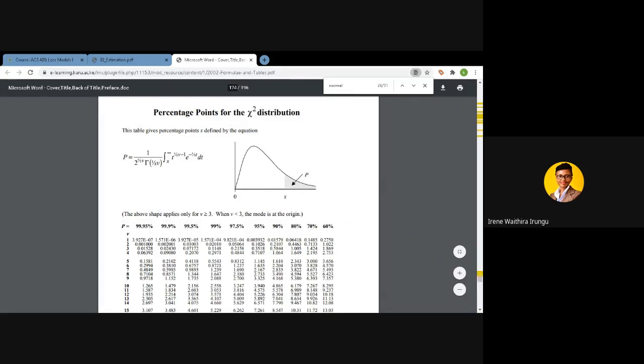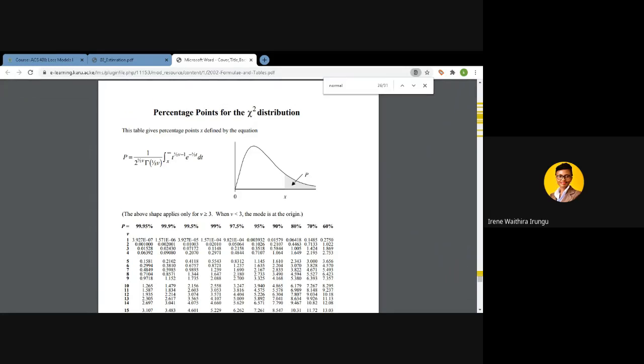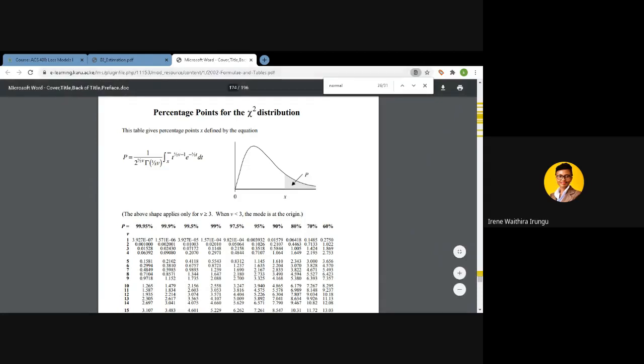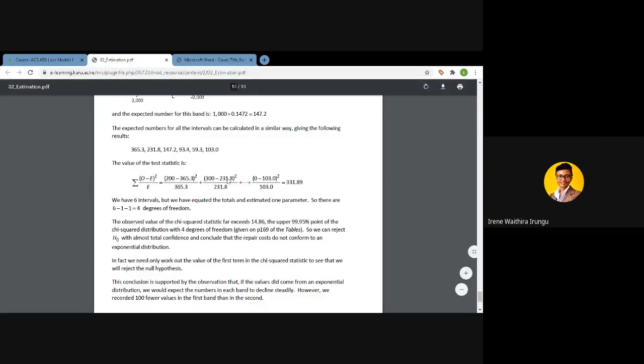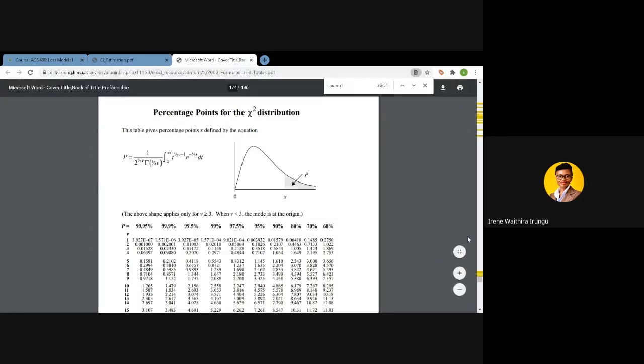Again, the V represents the degrees of freedom. So our interest is on 4 degrees of freedom, and we're looking at 99.95. This is our probability.